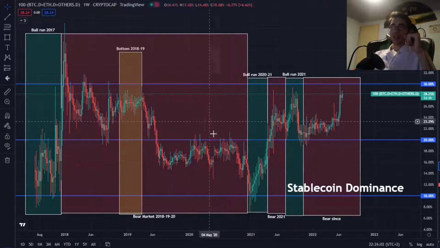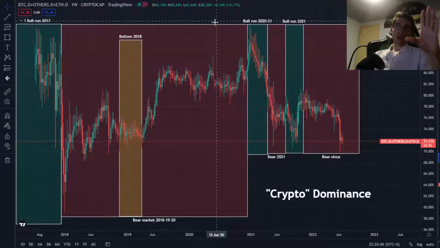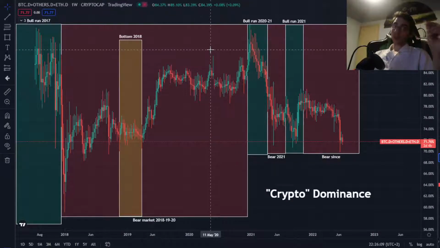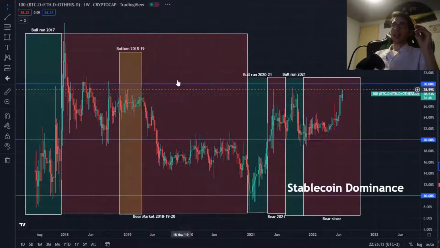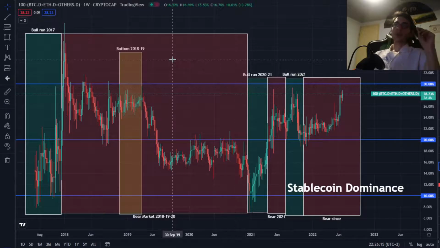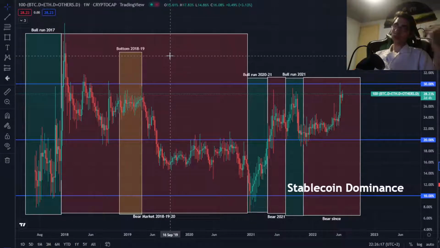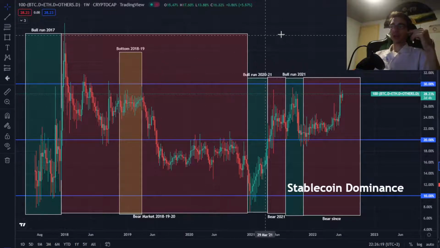And I did the same on the stablecoin dominance. What I did here is take the Bitcoin plus ETH plus all coins dominance, put it together, and then subtract that from 100, the total dominance, to get the stablecoin dominance.